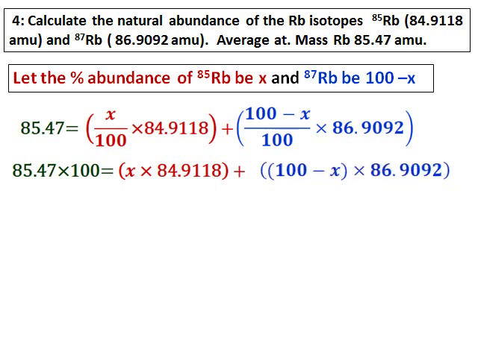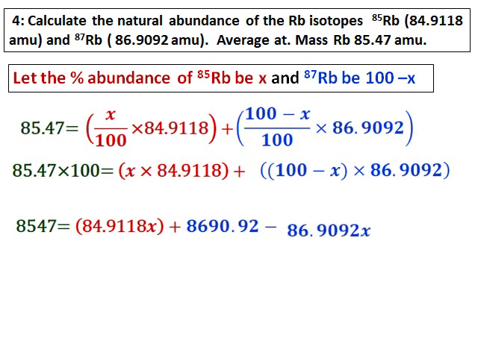Therefore, the 100 goes to the left hand side and the equation becomes simpler. So this will enable you to solve the question easily. And don't forget, there is a parenthesis in 100 minus X. So the 86.9092 is outside the parenthesis.